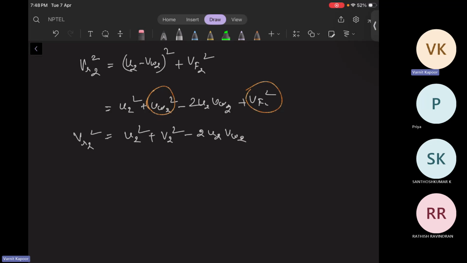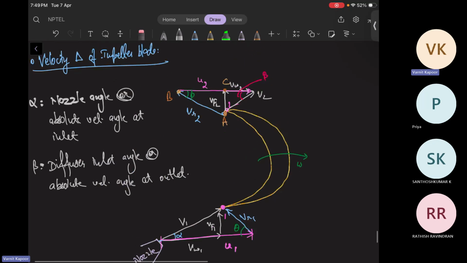Now if you take 2 U2 VW2 to that side, because this was required, the angular momentum change, VW2 U2 at the outlet and inlet.